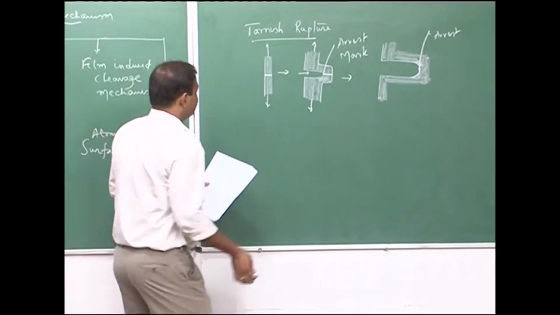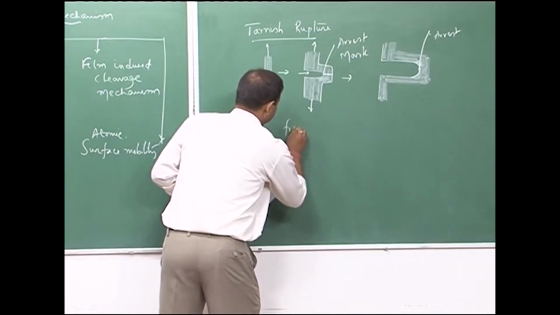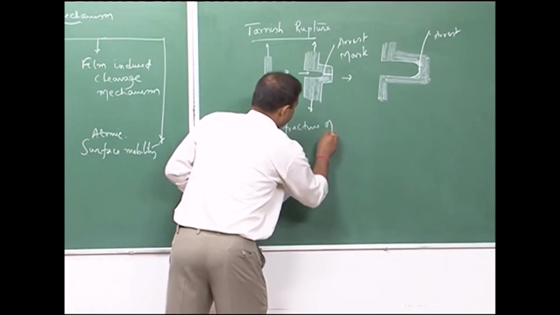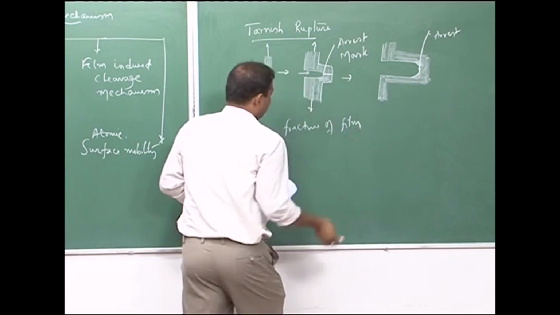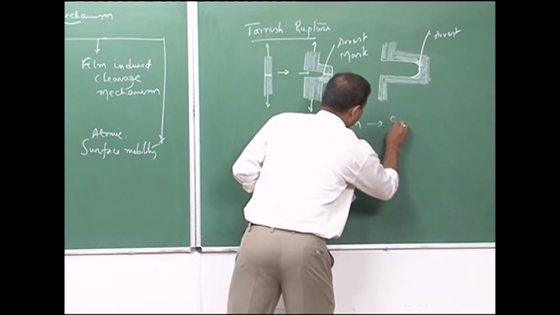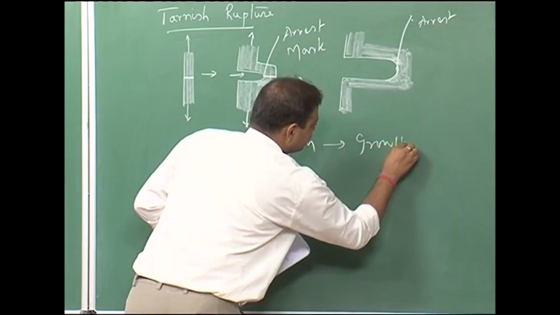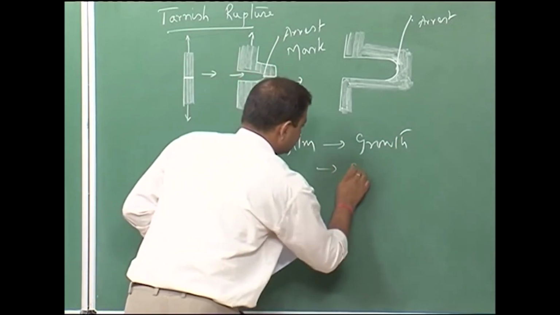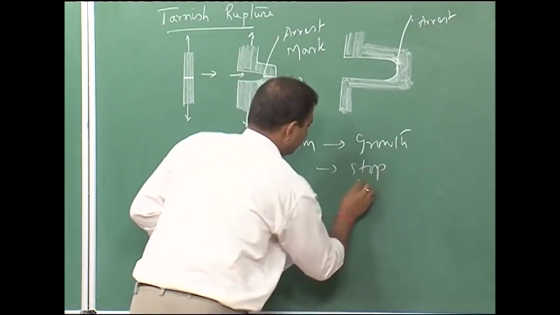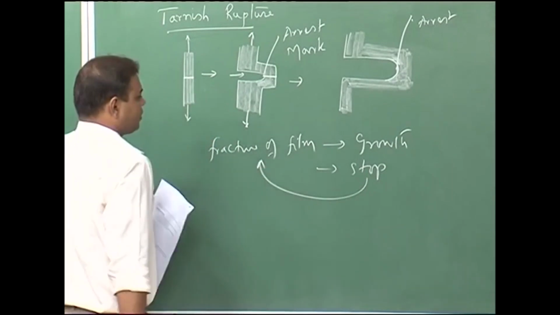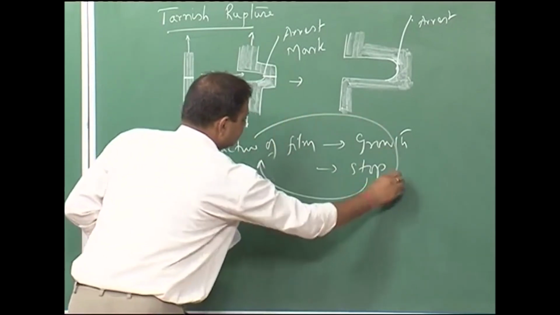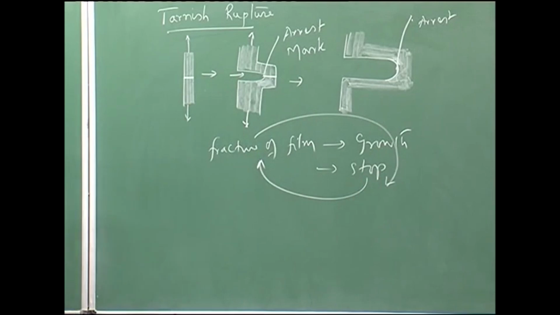That is, fracture of film, and then again growth, and then stop, and then again this process. Like that it will go on. So, this is the tarnish rupture model.